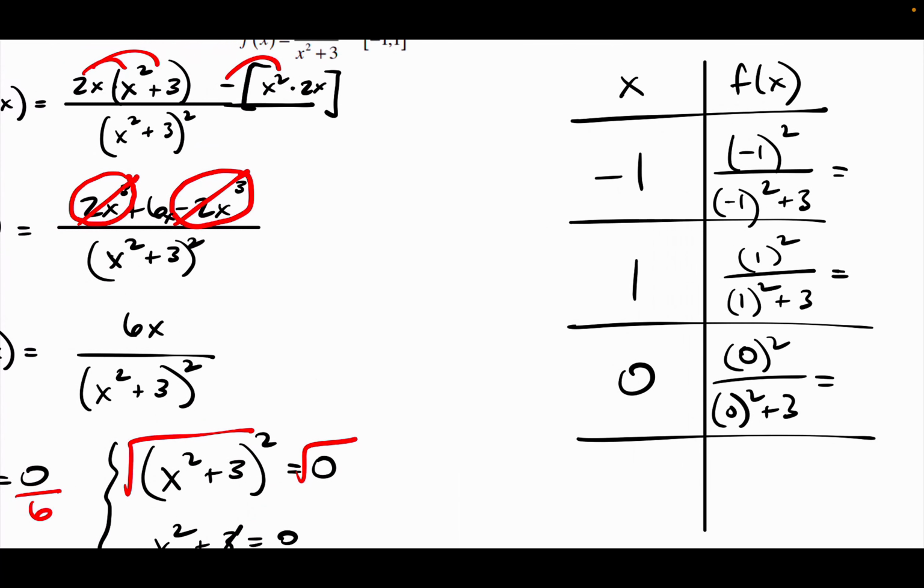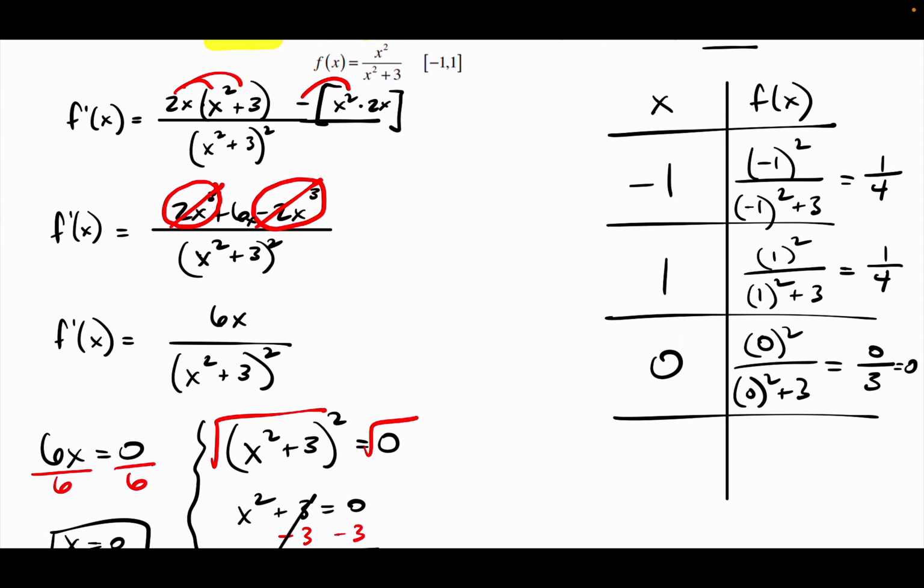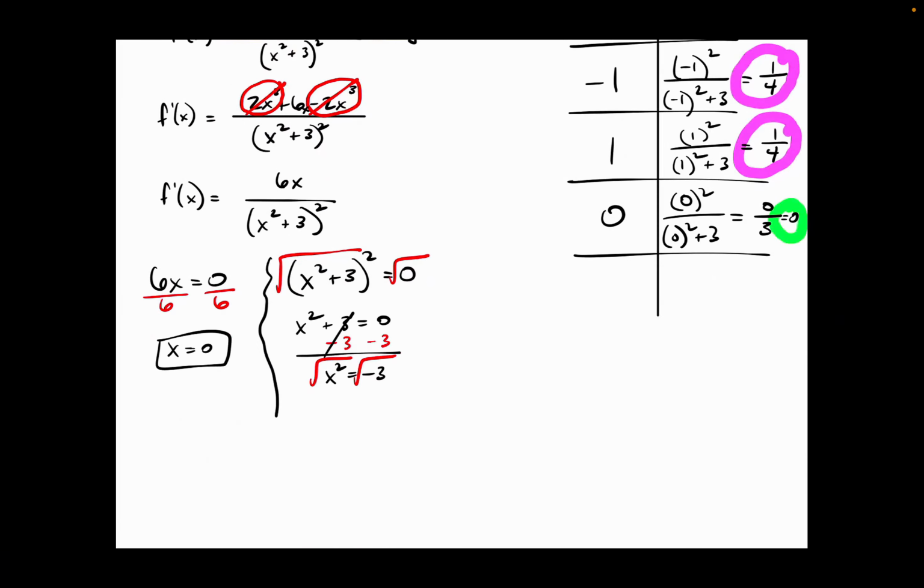So the top, I'm going to get +1 over +1 plus 3, which is 4, right? Same thing here. On the bottom, I'm going to get 0 over 3, which is 0. Exactly.